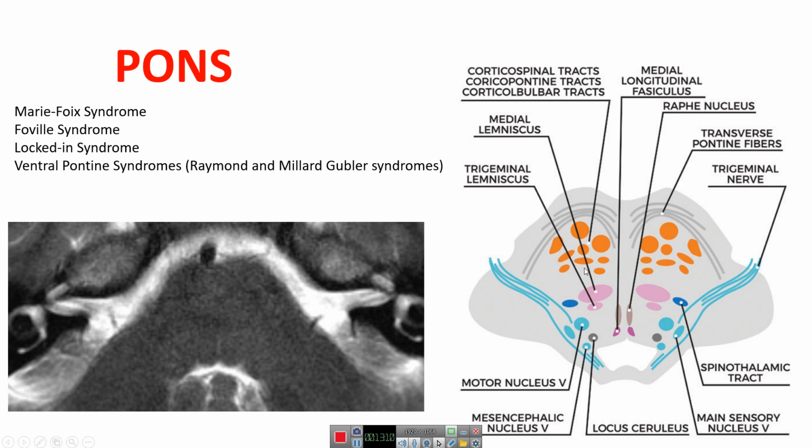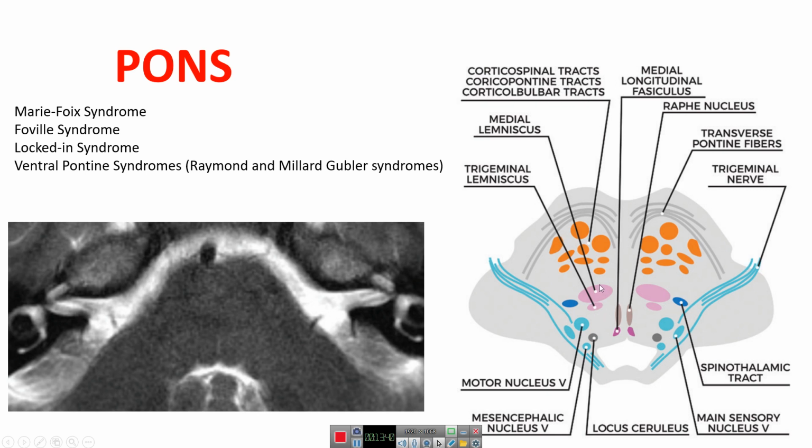The pons, pontine branches and the internal structure of the pons. We have these transverse pontine fibers, and in the anterior part of the pons, the pyramidal tract is split and fractionated in between the pontine fibers, including the corticospinal tract, the corticopontine tract, and the corticobulbar tracts.